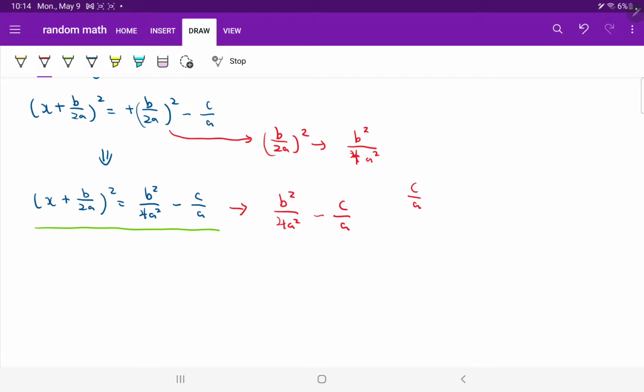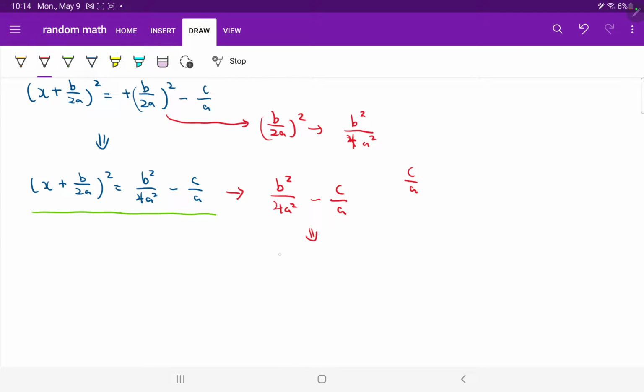And then if we multiply 4a on the bottom, we have to multiply that on the top as well. So this stays the same, and we have 4a times a and 4a times c, right? Because we want to make the denominator the same, and we have to do that on the top to keep everything balanced.